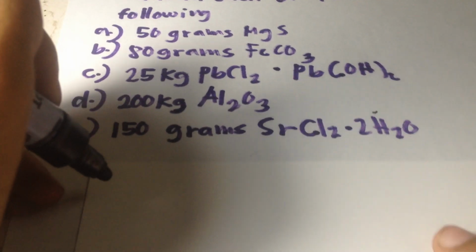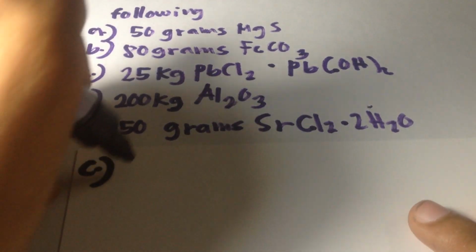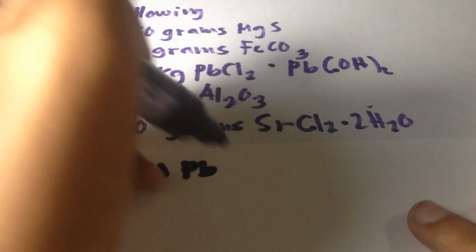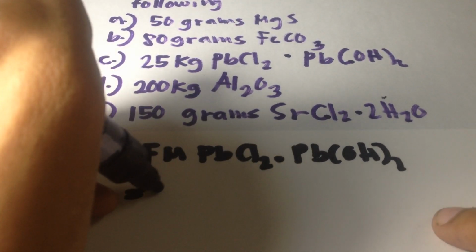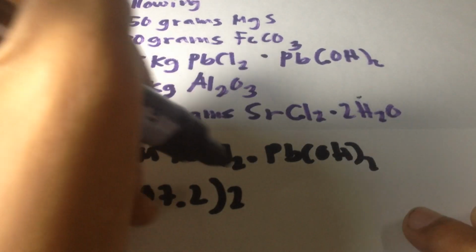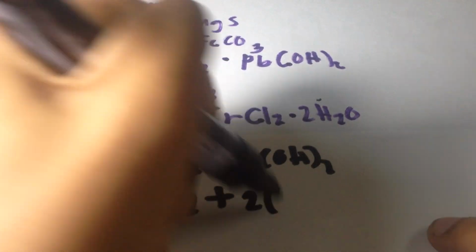So in letter C, the formula mass of lead(II) chloride lead(II) hydroxide is equal to 207.2 times 2 plus 2 times 35.45 plus 2 times 16 plus 2 times 1.008.